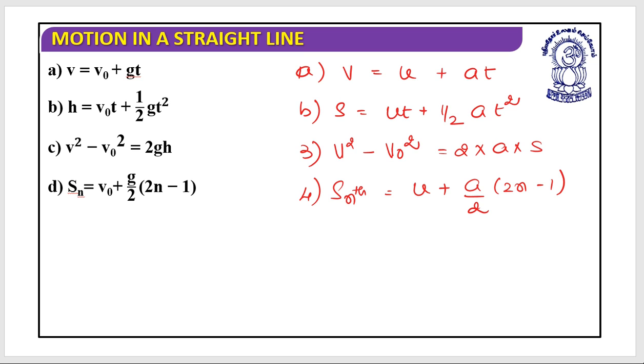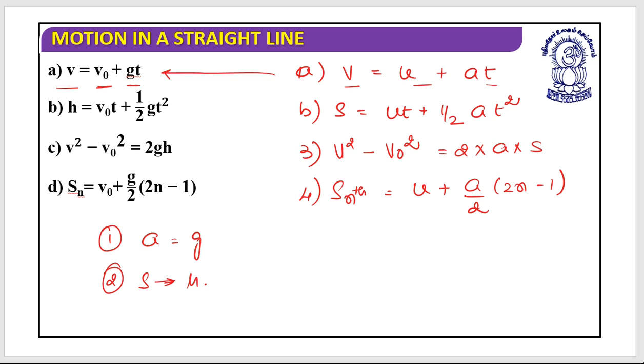Now I am going to replace a with g, the first replacement. The second replacement is that you can write s as h because it is height. So v is equal to u plus at is replaced by v is equal to v naught plus gt.